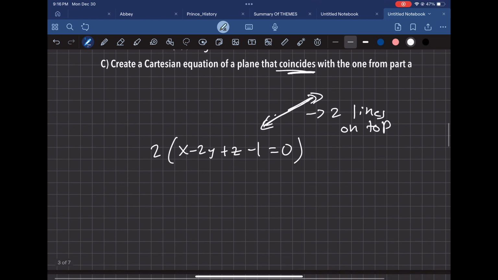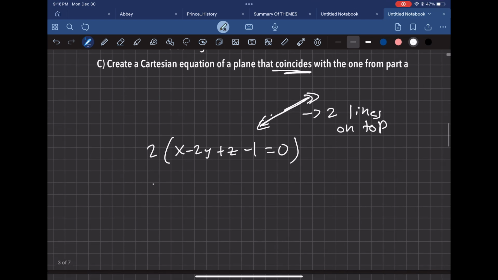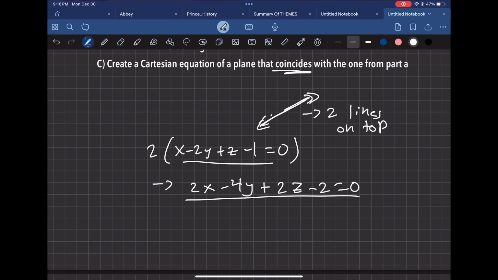So we'll multiply by a factor of 2, and that would get us 2x minus 4y plus 2z minus 2 equals 0. And if you were to graph these two planes, they would be directly on top of each other. So that is the final answer.